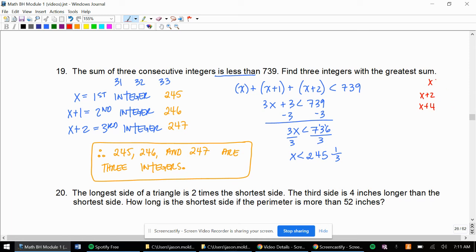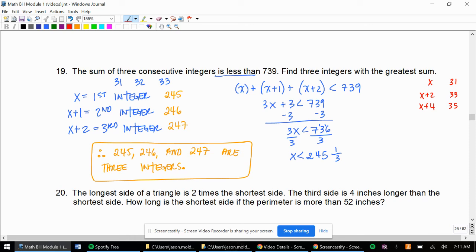And consecutive odd is actually the same. So odd numbers would be 31, 33, and 35. Even though it's odd, you would add 2 and 4, because to get from 31 to 33 or 31 to 35, you would need to add either 2 or 4. So that's kind of an interesting side note.